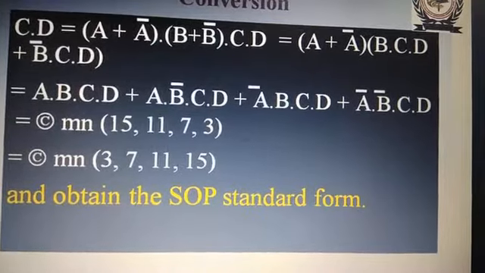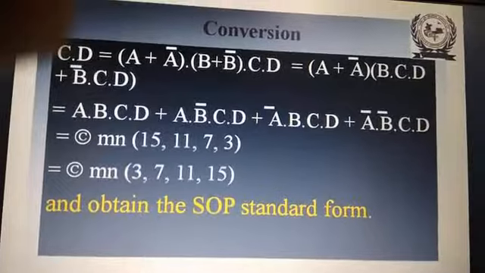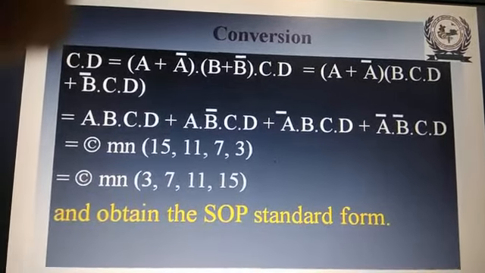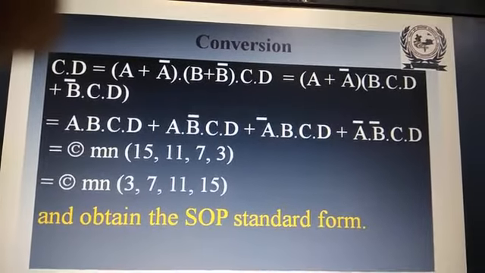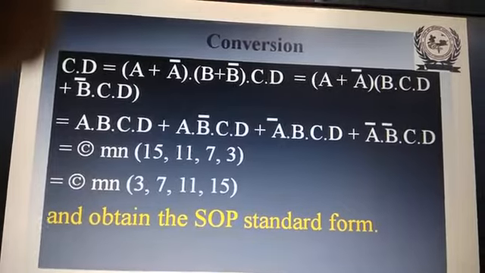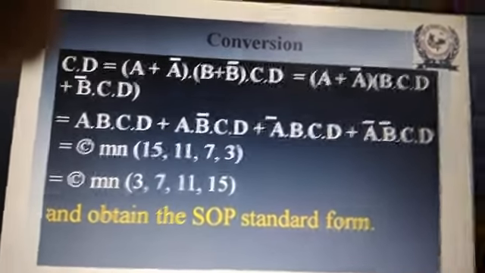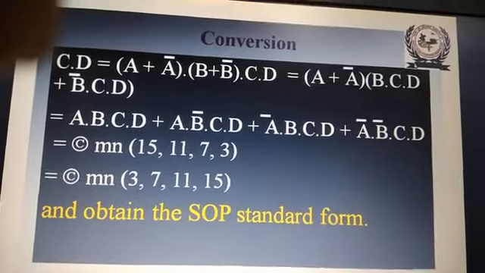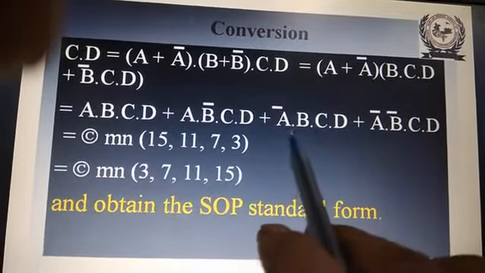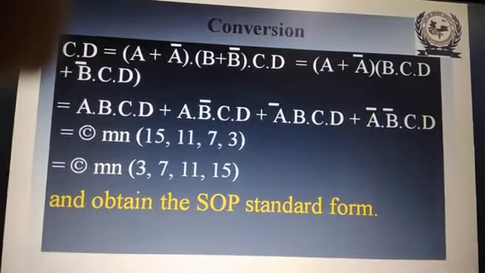If the min term 3 is given to you in 4 variables, then you can write A bar, B bar, C, D. So this is the product, A bar, B bar, C, D. Another min term 7 is given to you, then you can write A bar, B, C, D. This is 7.